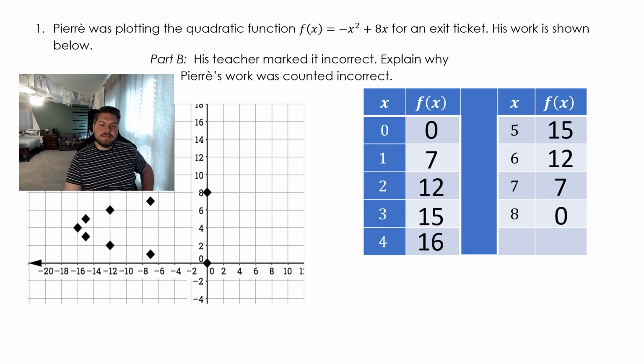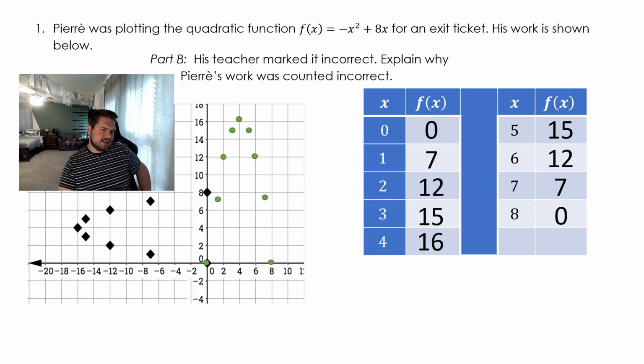If we plot these points, let's start out with 0, 0, very easy, and he got that right, but right after that, 1, 7 would be over here, 2, 12, 3, 15, 4, 16, 5, 15, 6, 12, 7, 7, and 8, 0. Interesting, right? Okay, so as a teacher, I want to see what he's confused about.